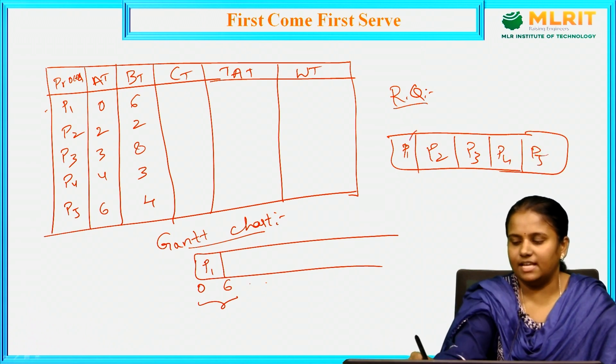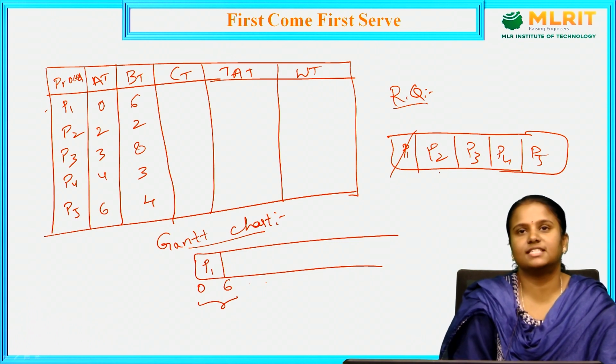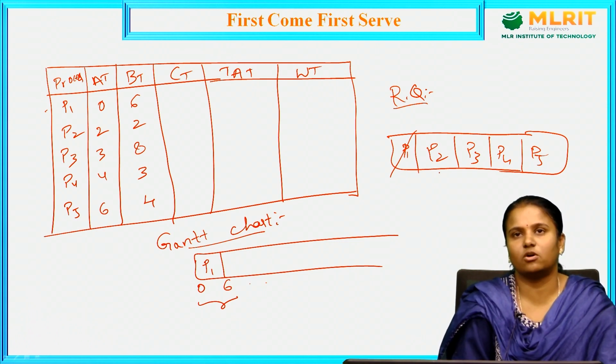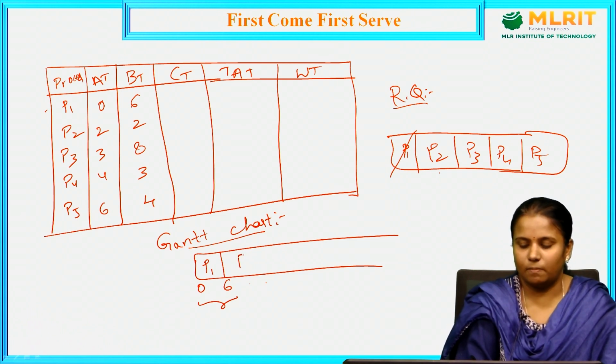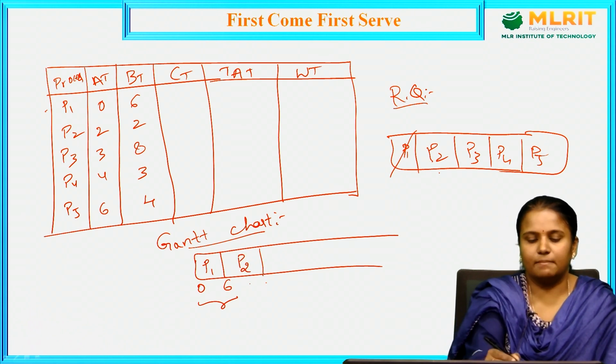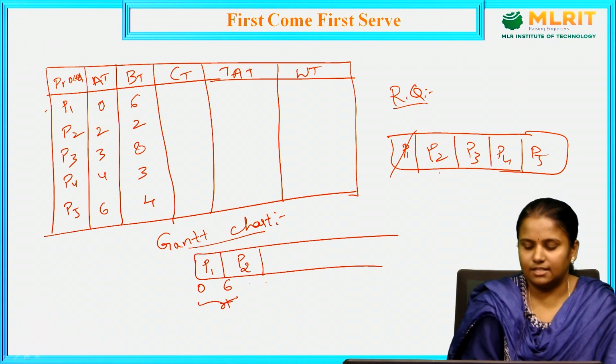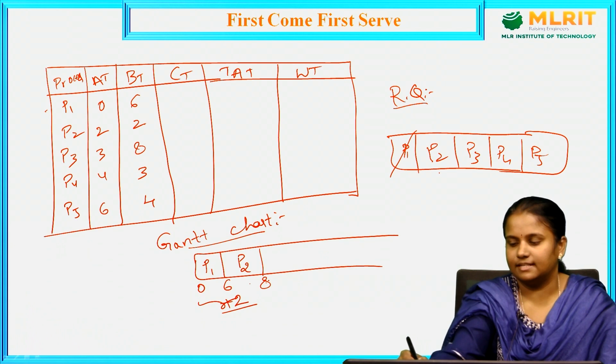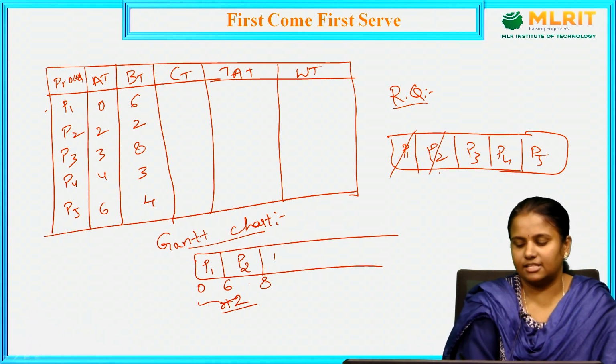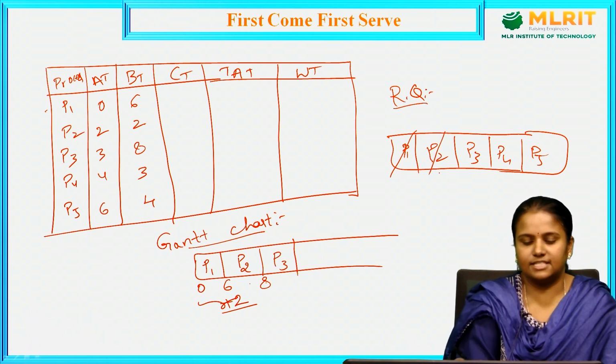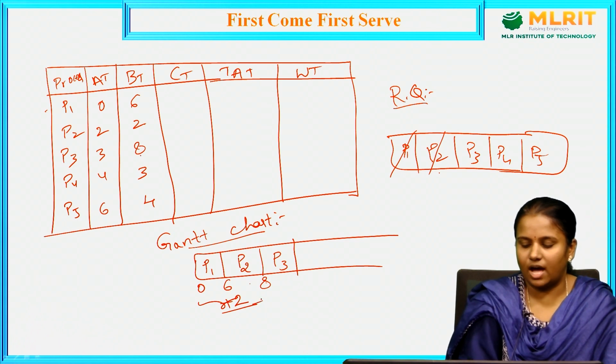P1 is completed. Next, which process? This is first come first serve, so the process which comes first will be executed first. P2, with burst time 2: 6 plus 2 is 8. Next P3, with burst time 8: 8 plus 8 is 16.